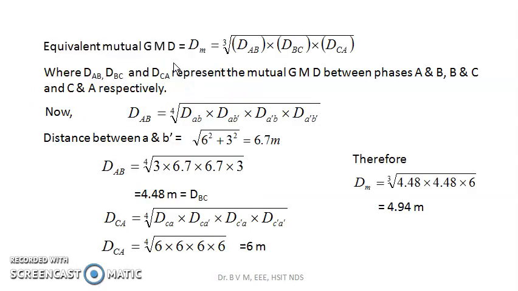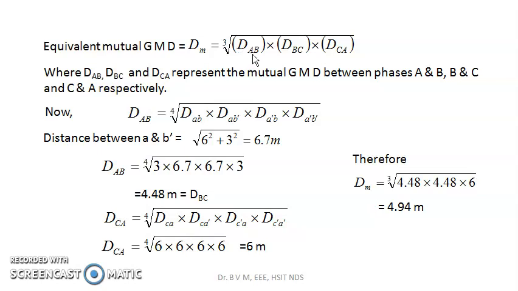Now we have to calculate the equivalent mutual GMD, that is dm is equal to the cube root of dab, dbc and dca. These dab, dbc, dca are the mutual GMDs between AB, BC and CA. Then what is dab?